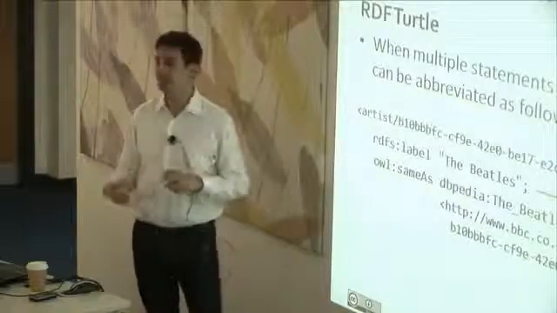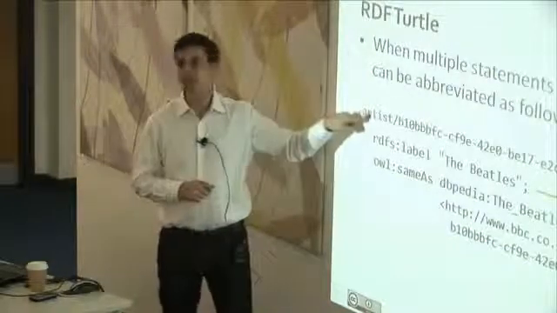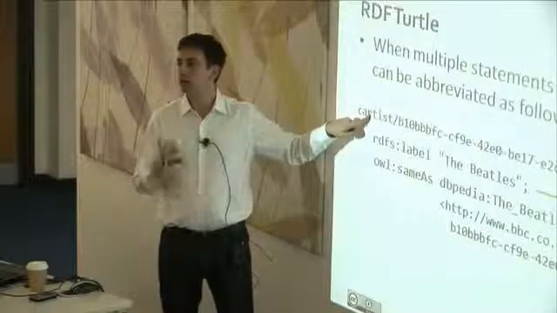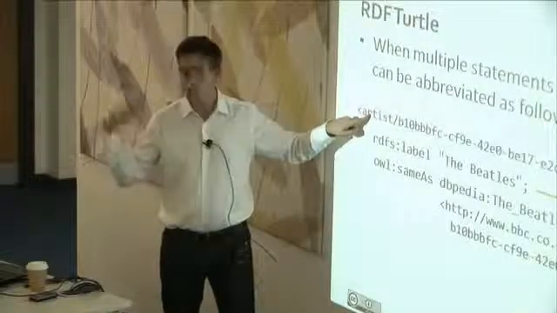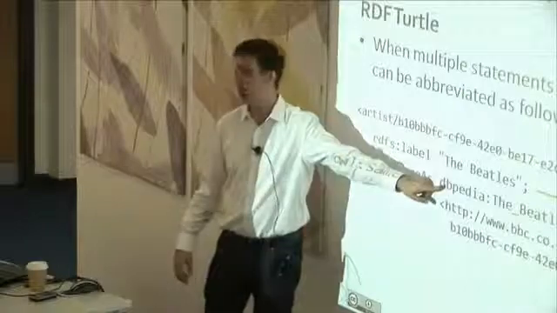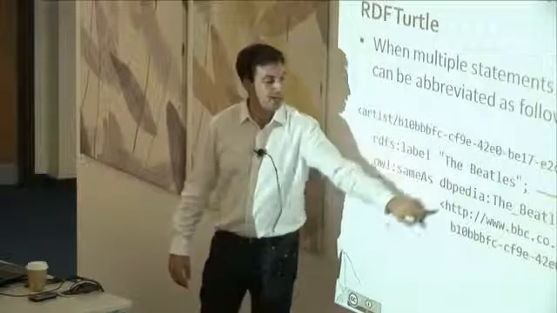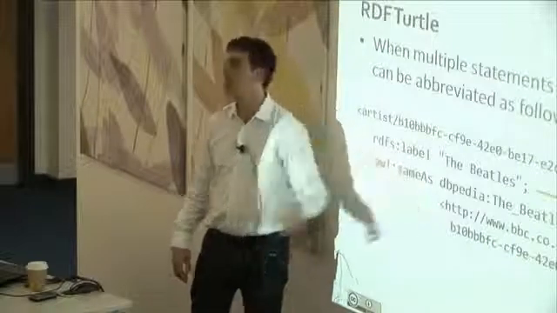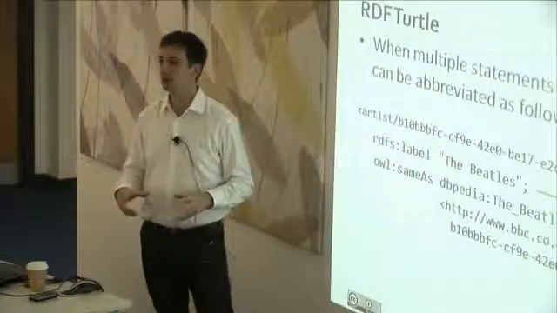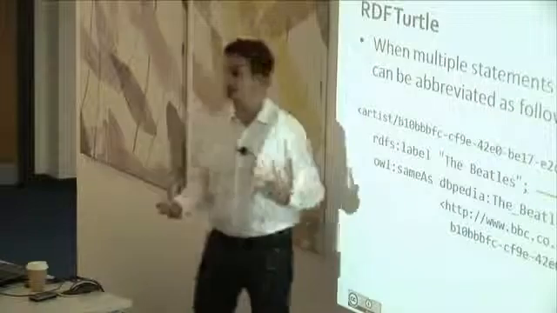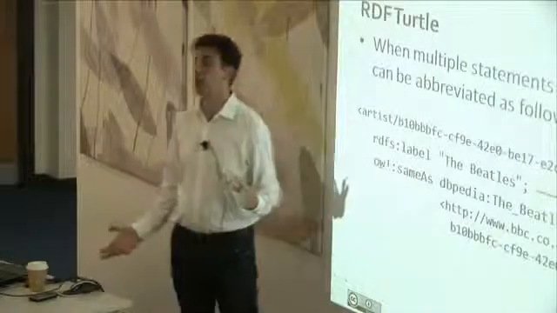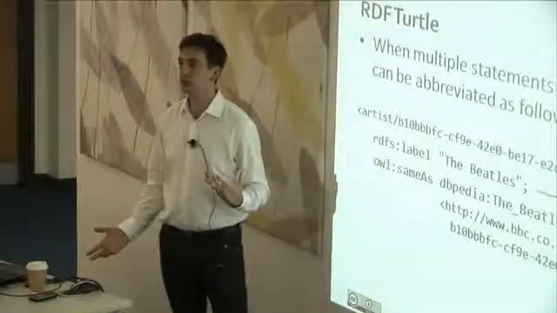So having said first that this URI identifies a resource representing the same as this URI, the DBpedia one, we also say here's a third URI in a BBC scheme that also identifies the same resource, understood as the Beatles. Okay?